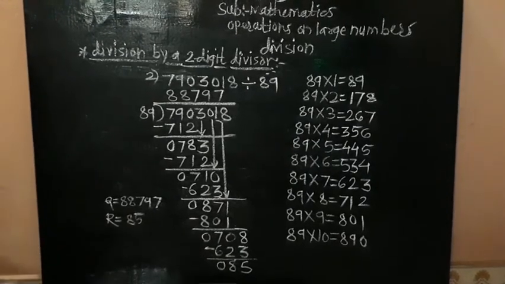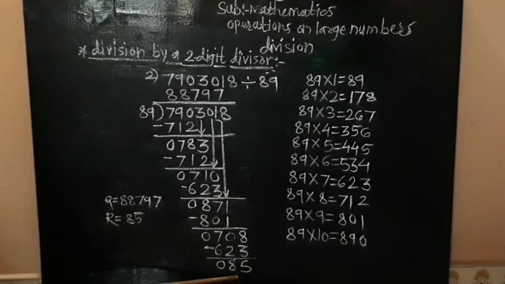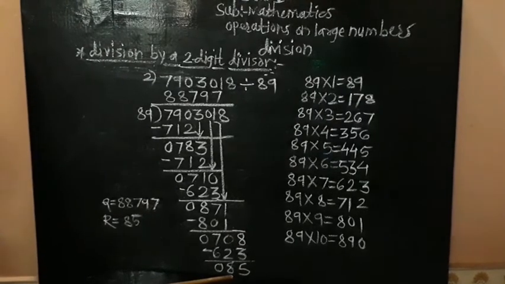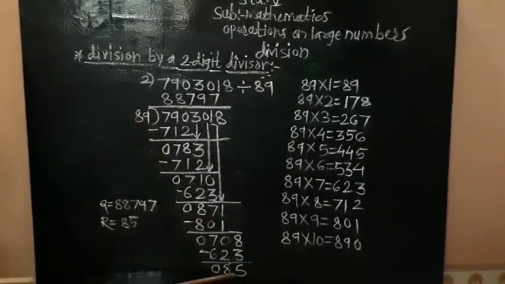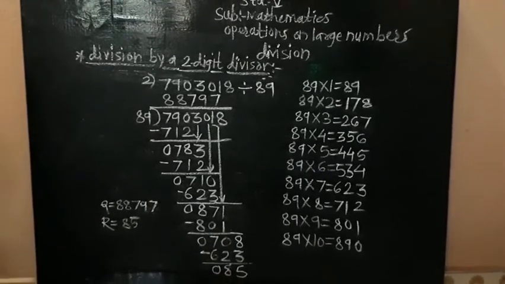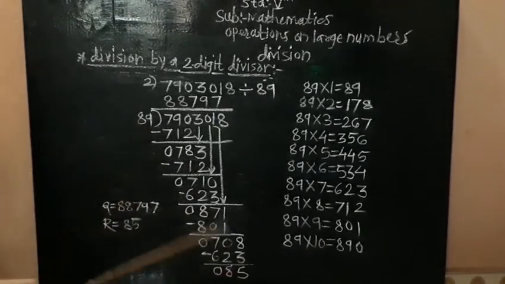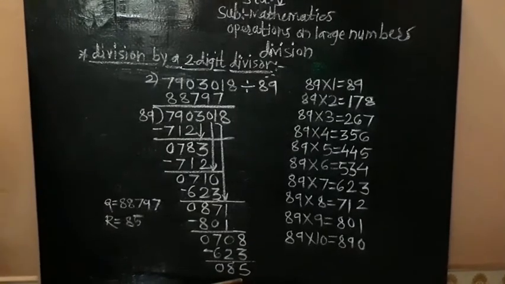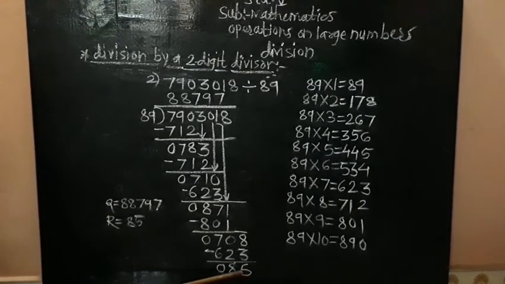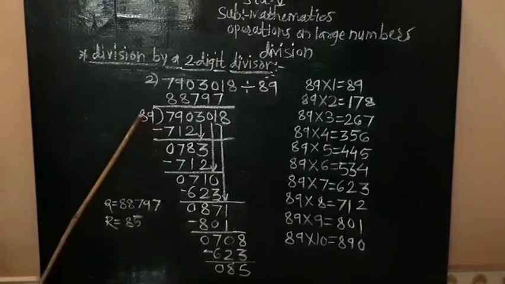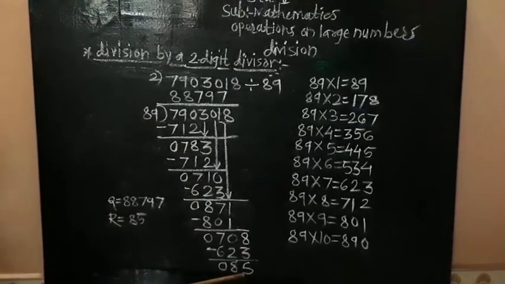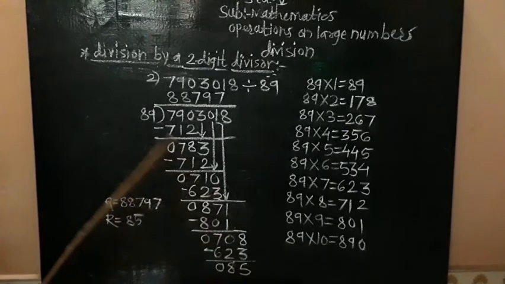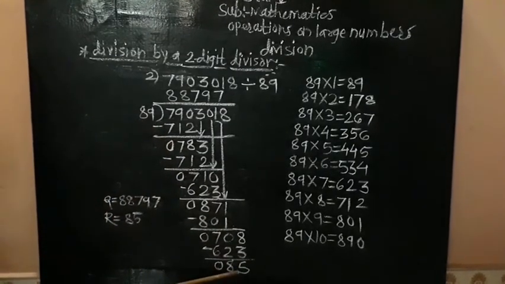My dears, in the last example I told you that if you get a remainder smaller than the divisor, then you can stop there. You can see here 85 is smaller than 89, so no need to go further. You can stop here.